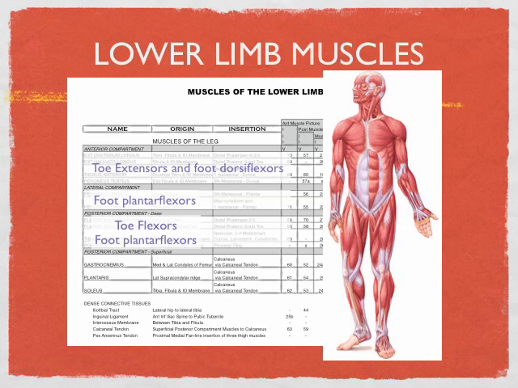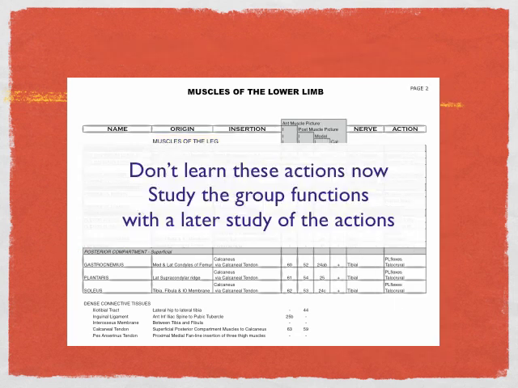Just so you would know. Okay. So that's what's going on with the muscles down here in the leg. Just 3 muscles that you need to know, just this one group here. And the rest of that information will come later. Okay? So don't learn these right now.